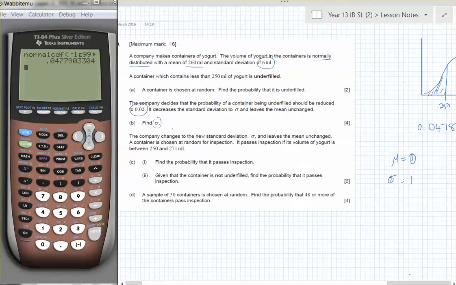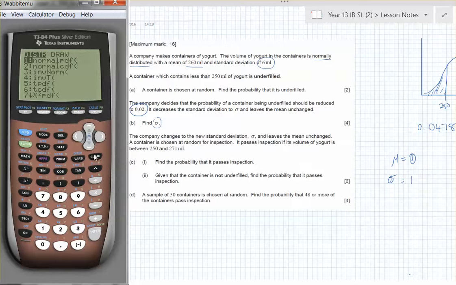Okay, we have our probability of 0.02 now. So if we do our normal distribution, doing our inverse normal because we know the probability.